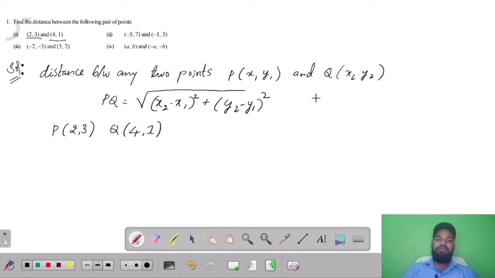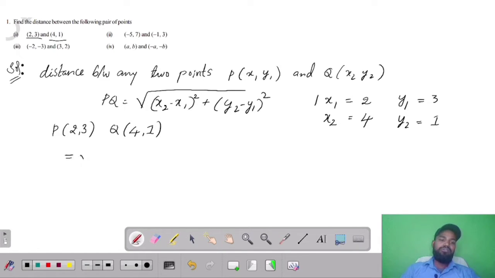Then x1 value is 2, x2 value is 4, y1 value is 3, and y2 value is 1. So these are the values. Now you have to substitute the values in the given formula.